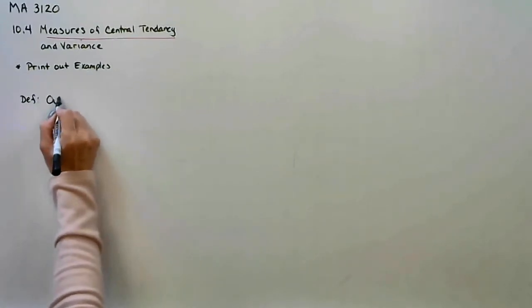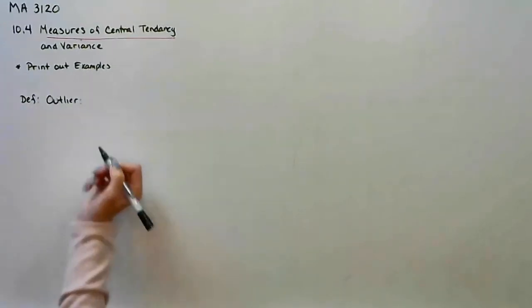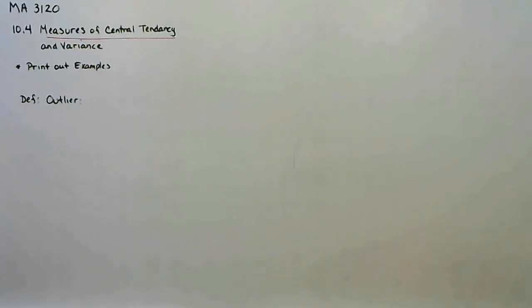So the definition of an outlier: it's a data point which is widely separated from the rest of the group.